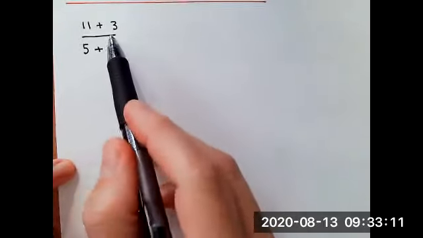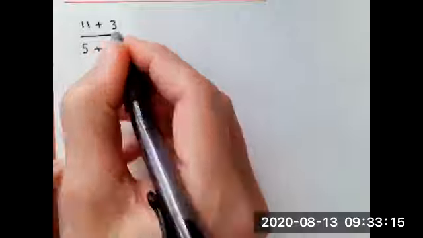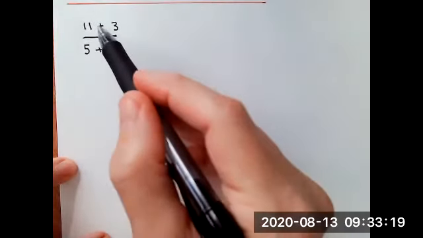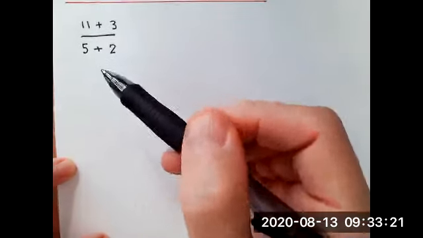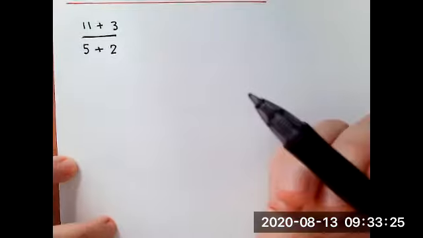So here we have an expression that's a fraction, but what you'll notice is that there are operations in the numerator and the denominator. So what order do we do it?